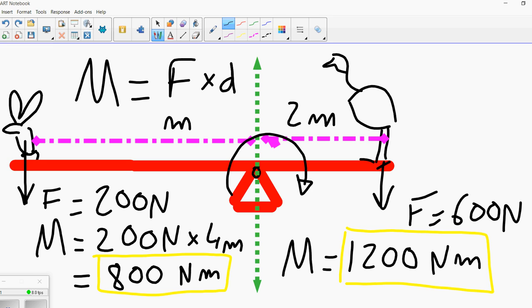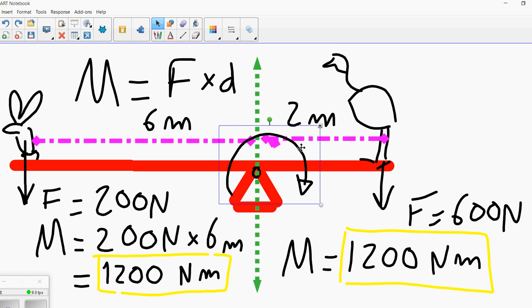So if it's 6 meters away, then the distance that we multiplied with down here is going to be 6. And our result after multiplying 200 times 6 is going to be 1,200. So in this case, then we will not have any turning effect, and instead it will just balance perfectly.